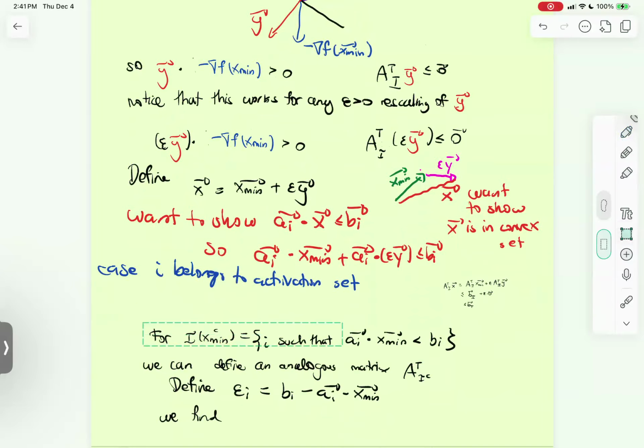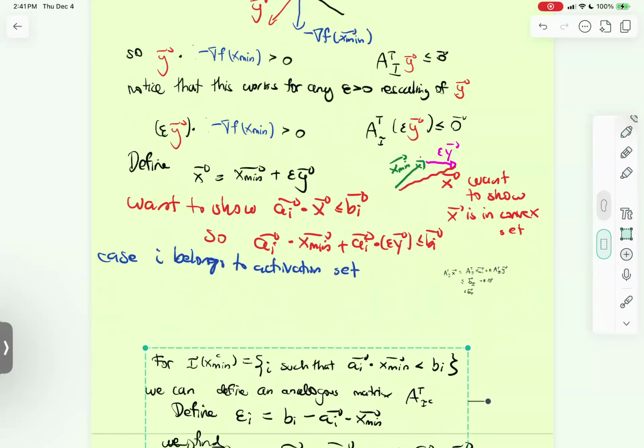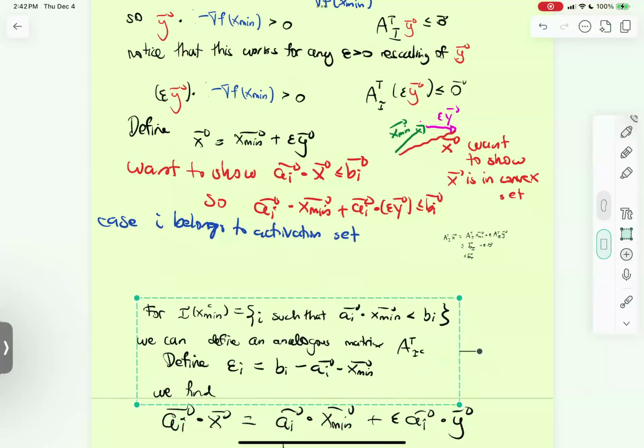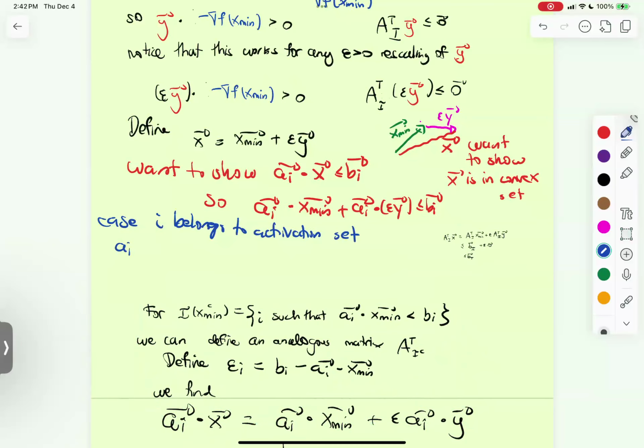So if you're in that situation, that means that AI dot X mean is BI. So in the inequality, you have a BI here as well. So what happens with this inequality?